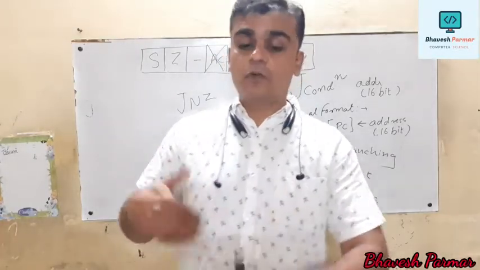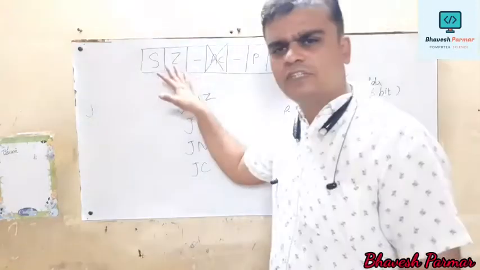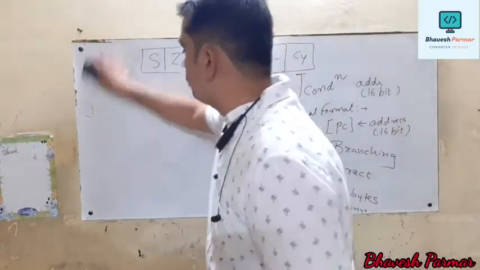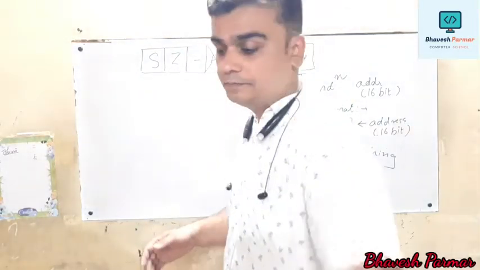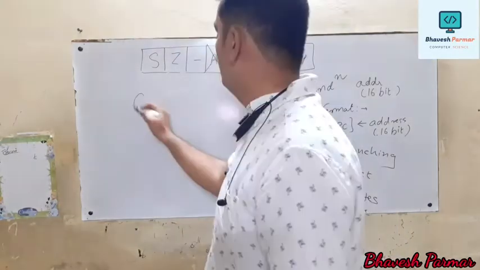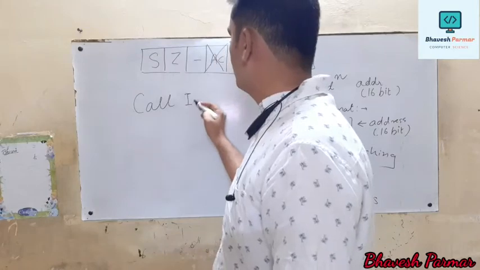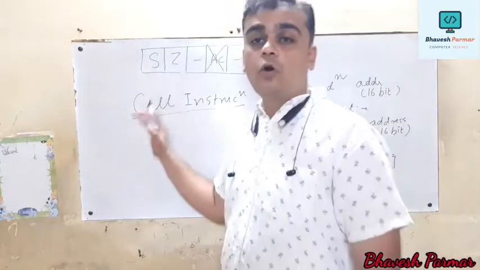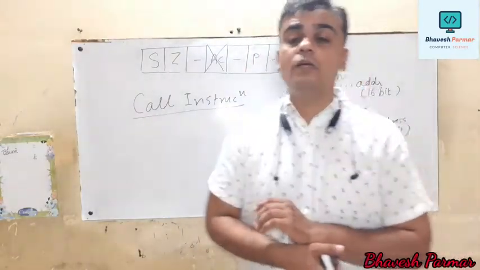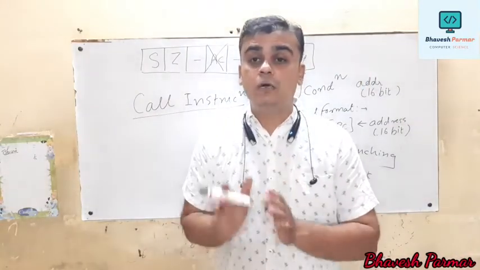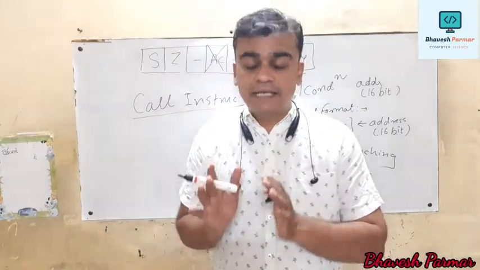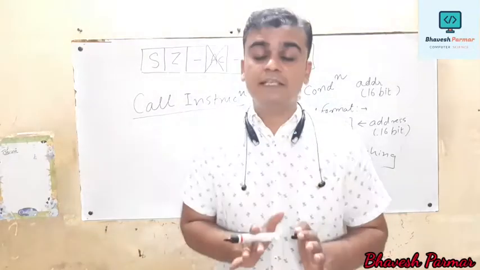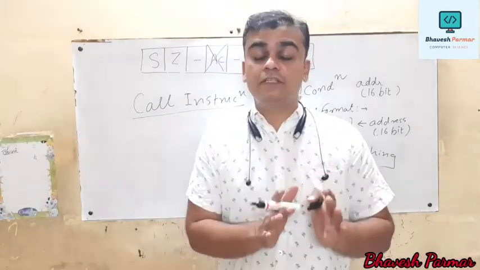Now guys, we are going to focus on our next instruction. It is almost the same format, and the name of the instruction is the call instruction. Like the jump instruction, the call instruction also works. Call means what? Whenever we write an assembly language program, we also write some functions in it.